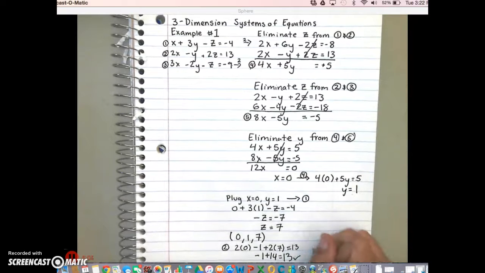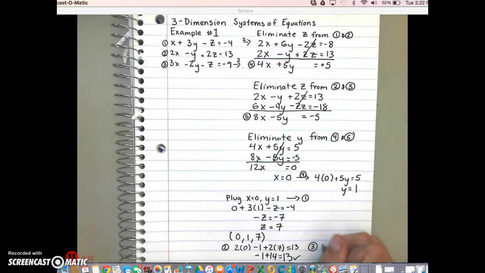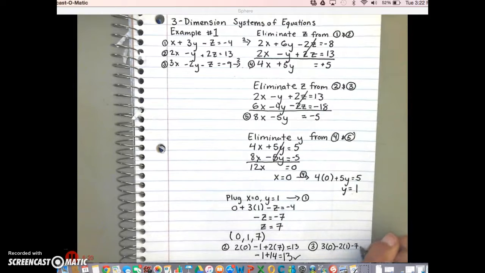That's checked, and then we check it again in equation number 3. The reason why we have to check it in all three is because it needs to work in all three. 3 times 0 minus 2 times 1 minus 7, and hopefully that equals negative 9. So negative 2 minus 7 equals negative 9.